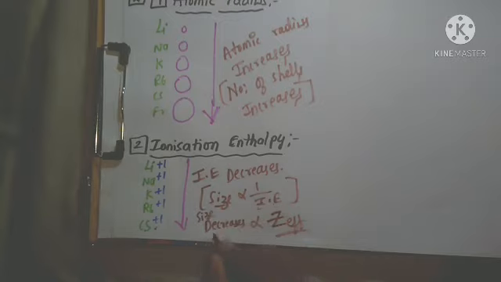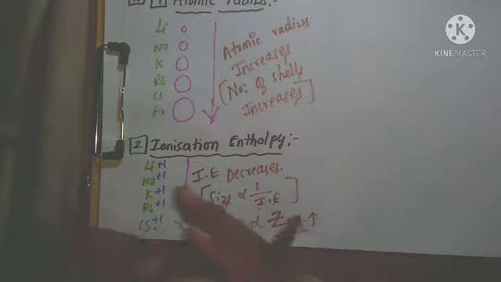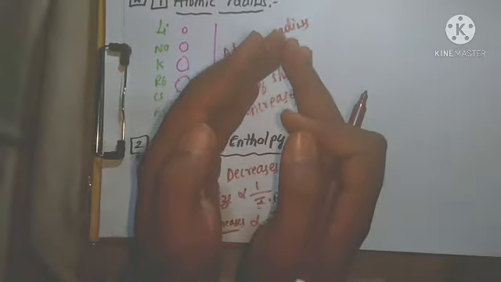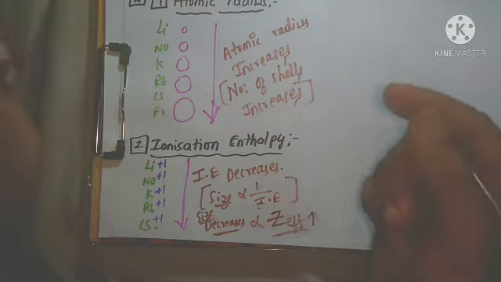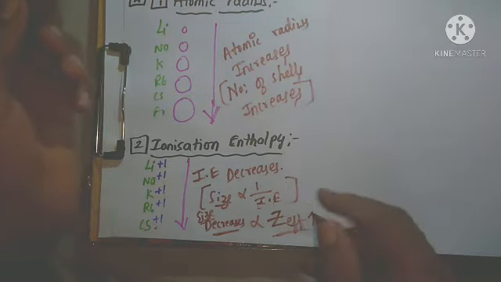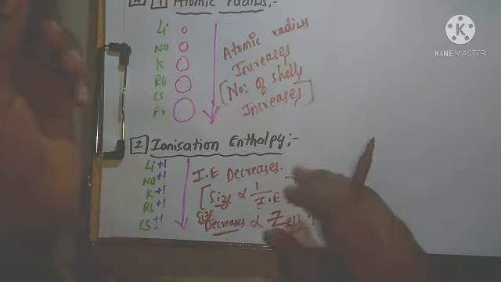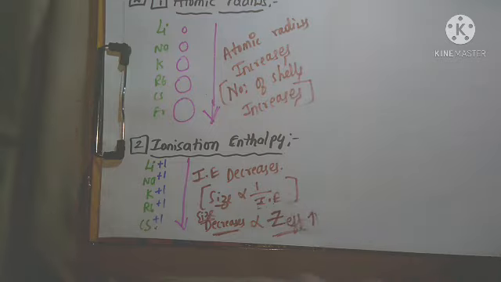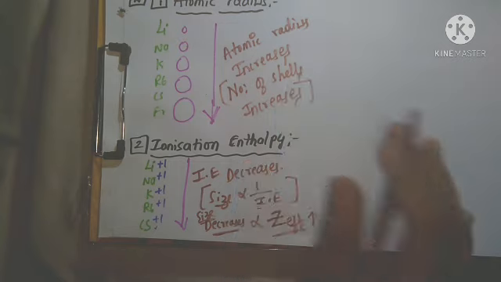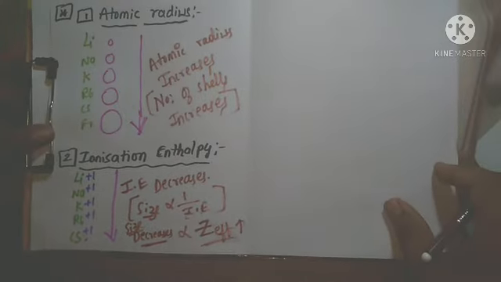When size decreases, Z effective increases, and the attraction between the nucleus and the last electron increases. Therefore, the energy required to remove the electron also increases. Therefore, from top to bottom, ionization enthalpy is decreasing. Finished. Next, we will go for the next one.